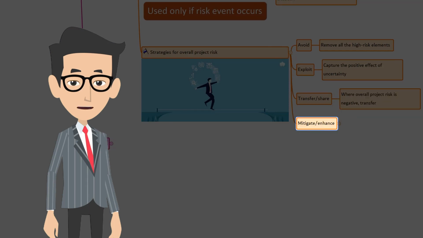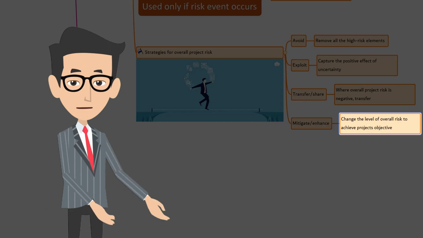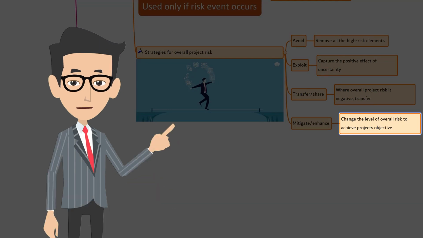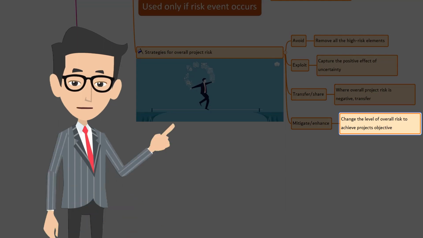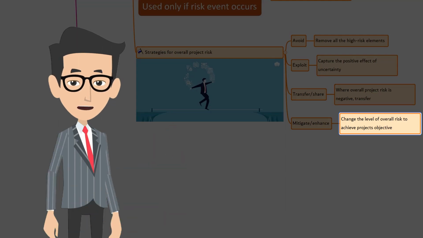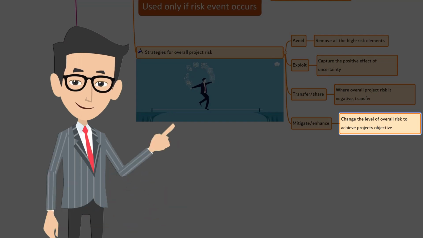The next one is mitigate or enhance. The mitigation strategy is used where overall project risk is negative, and enhancement applies when it is positive. Examples of mitigation or enhancement strategies include replanning the project, changing the scope and boundaries of the project, modifying project priority, changing the resource allocations, and adjusting delivery times.